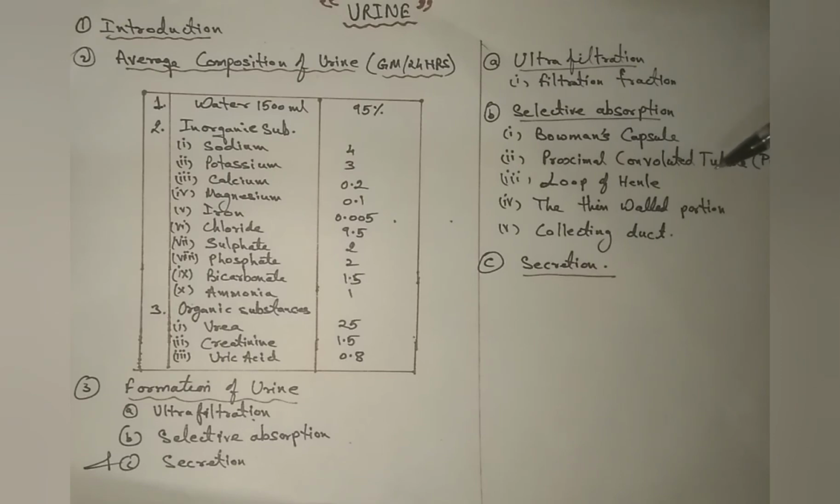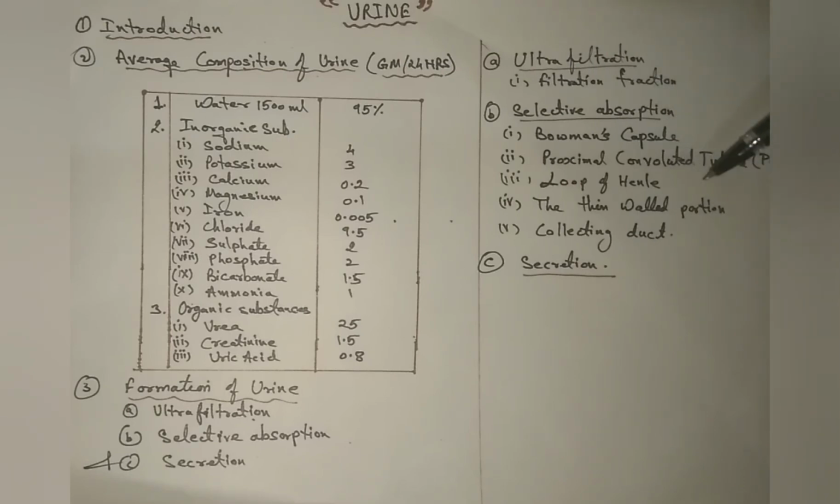Thus, in this part, more water is absorbed due to the increasing osmolality of the interstitial fluid. In this way, the glomerular filtrate becomes concentrated and becomes about 4 times hyperosmotic compared to blood plasma.